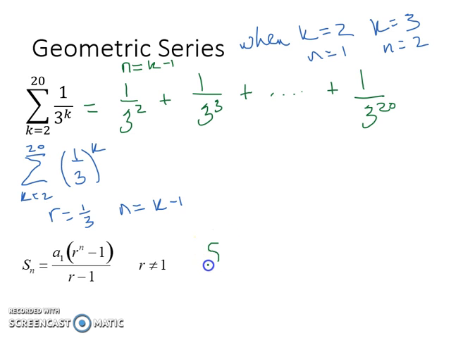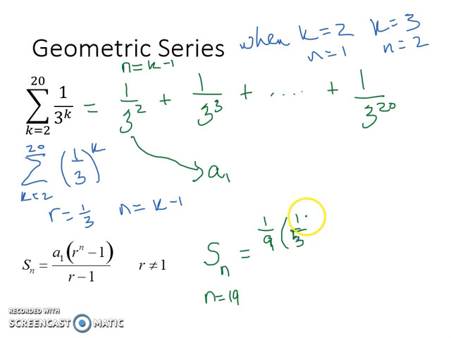So the sum S sub n, well, n is actually 19, equals a1, which is 1/9, because that's this term, this is a1, times (r to the n minus 1), with r being 1/3 and n being 19, this should be in brackets, all divided by 1/3 minus 1.